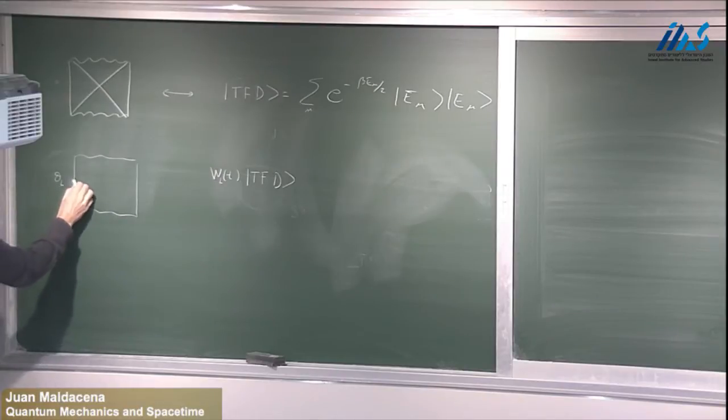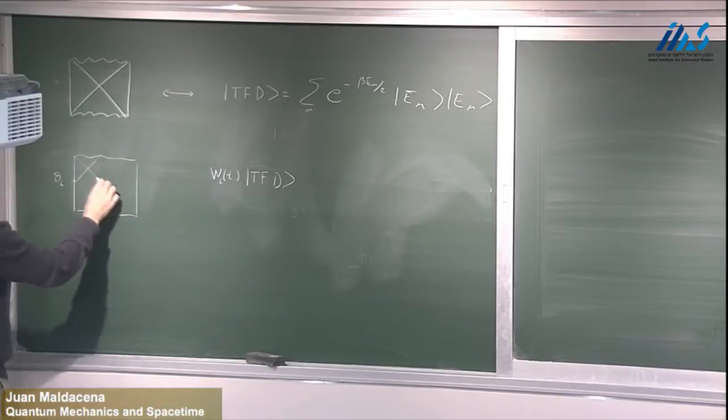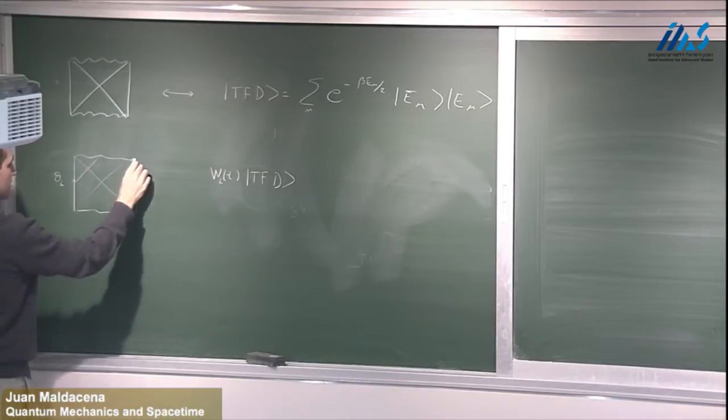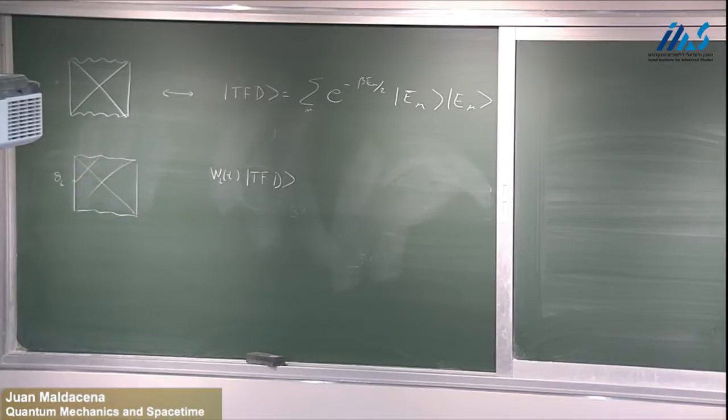If you act with this operator, it creates an excitation that moves inward and falls into the black hole. We're going to think that this creates a relatively low energy excitation, with energy of order the temperature. So it's not a big perturbation on the black hole.